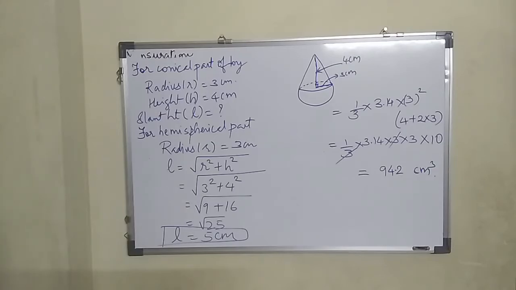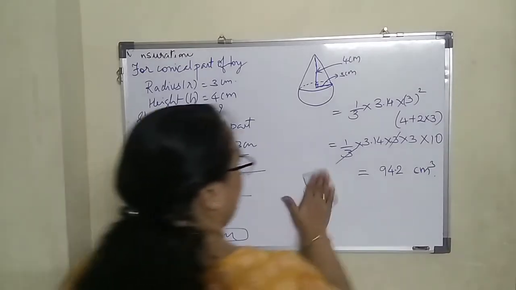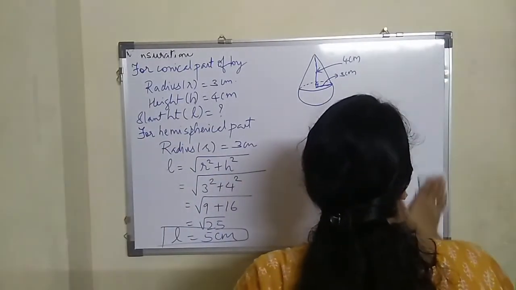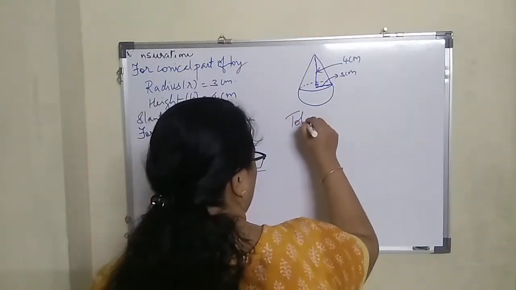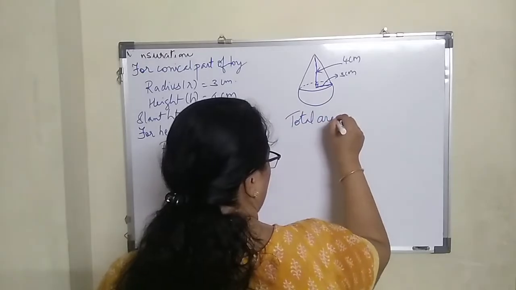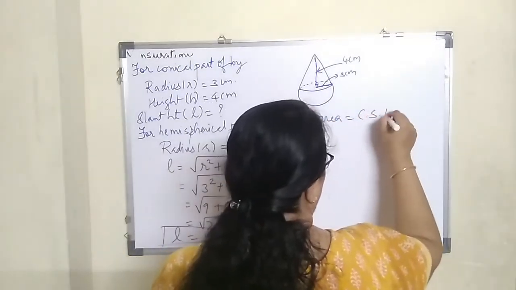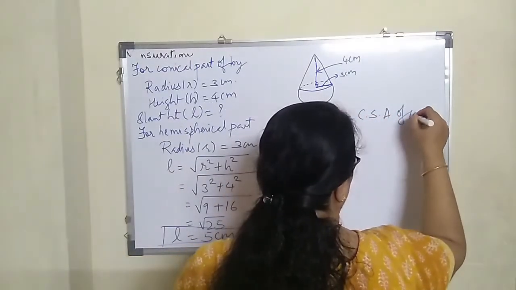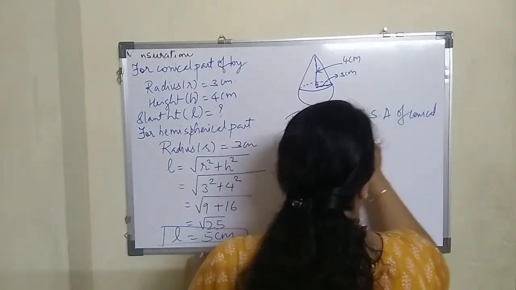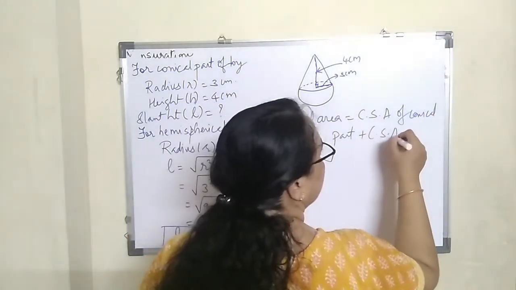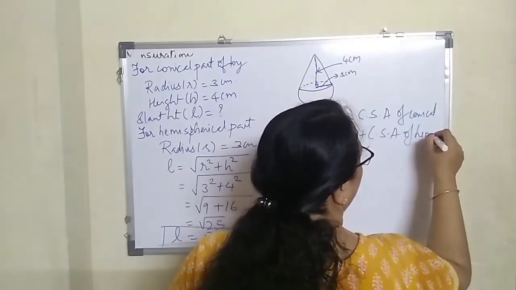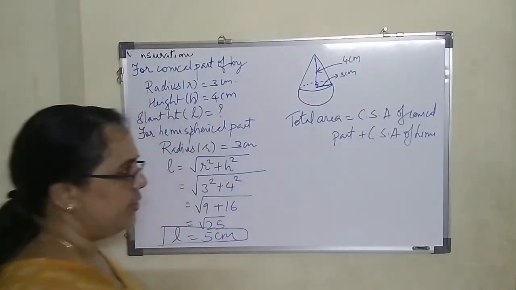Next, what we have to find? Total area. So total area equals, I hope you remember I had already written the formula before just to make you understand. Curved surface area of conical part plus curved surface area of hemispherical part, right?